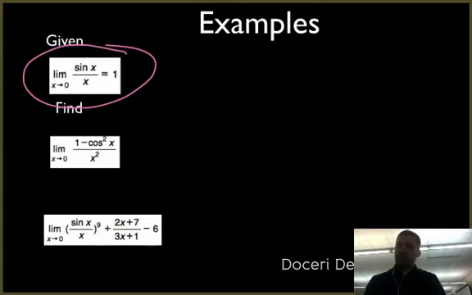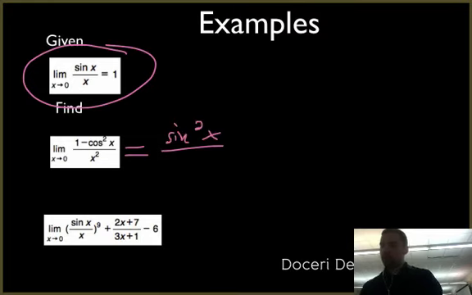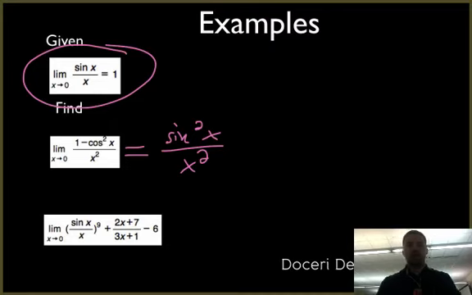So suppose I looked at the limit as x approaches 0 of this function, 1 minus cosine squared x over x squared. If I try direct substitution, it doesn't work. I'm dividing by 0. But if I use a little bit of what I learned in pre-calc, I can substitute sine squared in for 1 minus cosine squared. So I end up with sine squared x over x squared. This is fine, but I still have that problem.